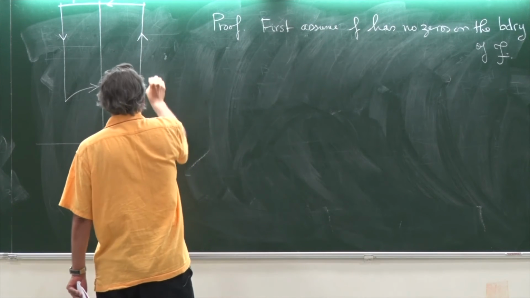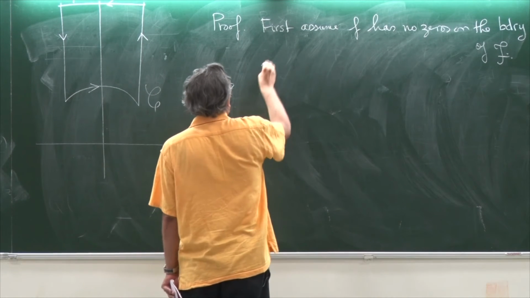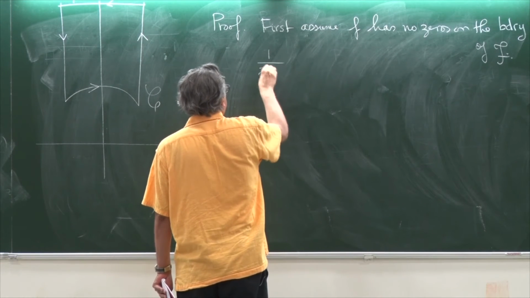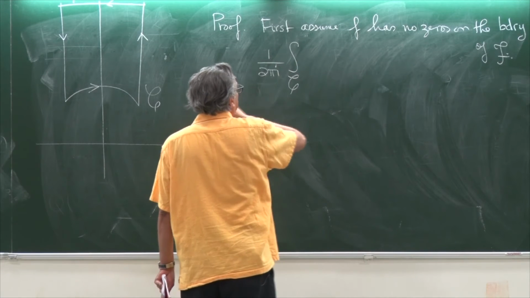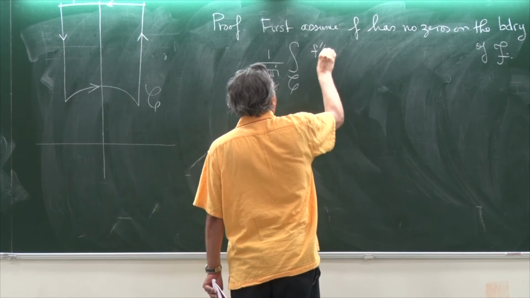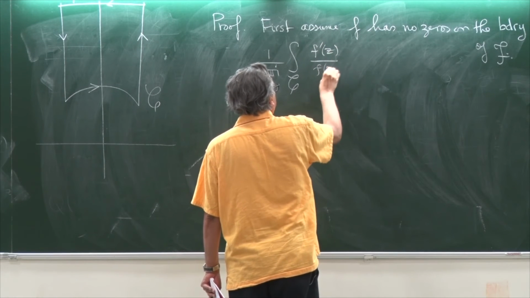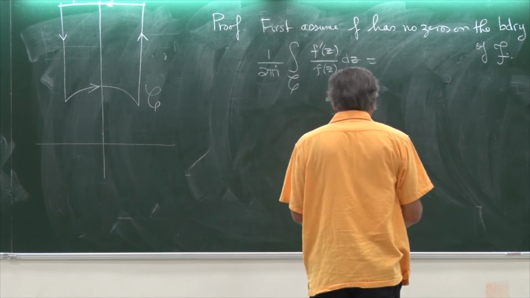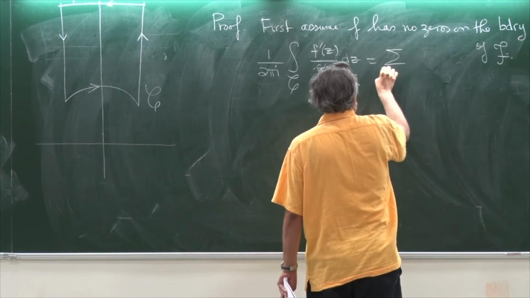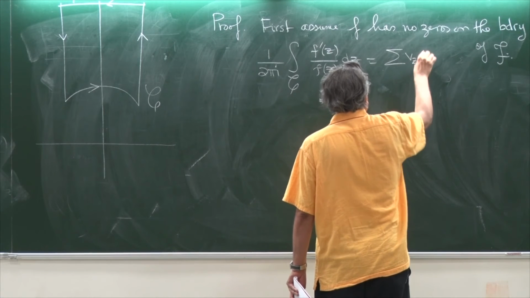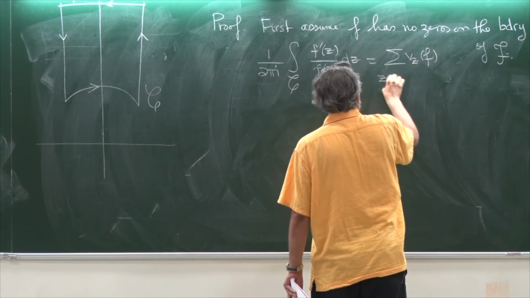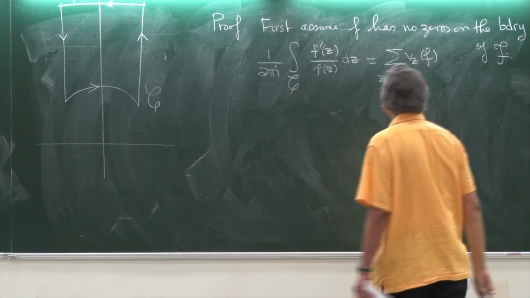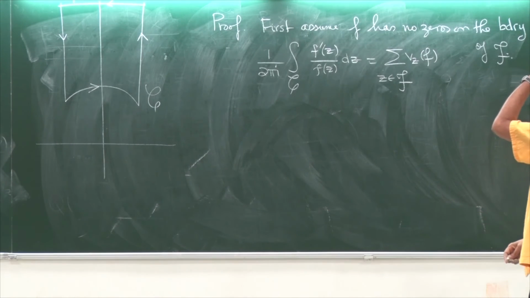And so this is the contour C. So 1 over 2 pi i times the integral over the contour of f prime of z over f of z, by the usual complex analysis, is equal to the order of the zeros of f inside the fundamental domain. So I'm making the assumption that there are really no problem points of f on the boundary.